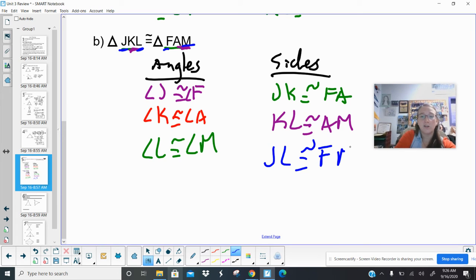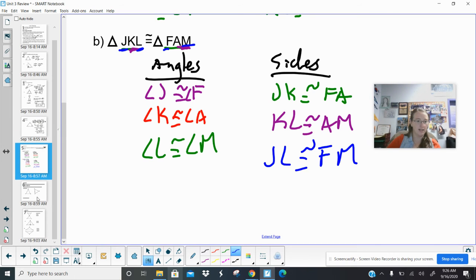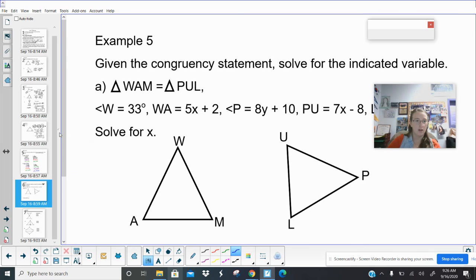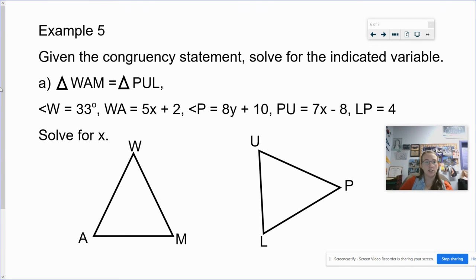This is important, and you're going to see why in the next question. We have to know what pieces are congruent in order to solve these problems properly and know what to set equal to each other. So let's try. We got just two more slides here we're going to get to. Okay, so you're going to have a question like this where you are given a congruency statement and a picture, and then we have a bunch of things marked here.